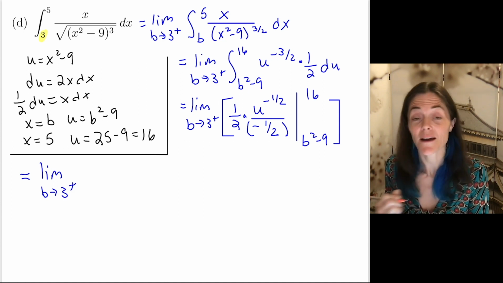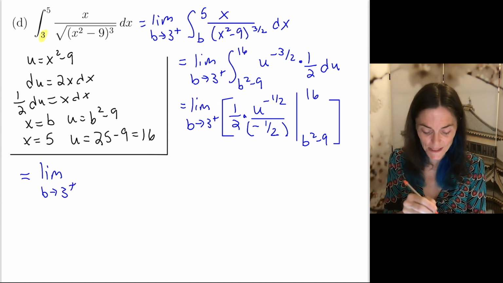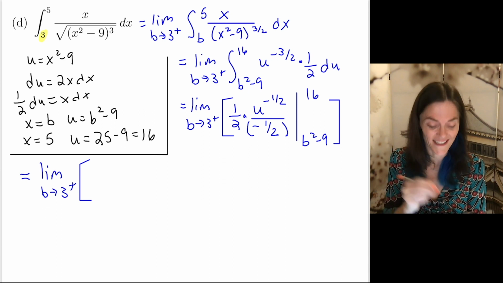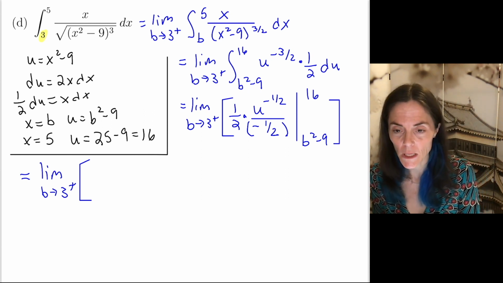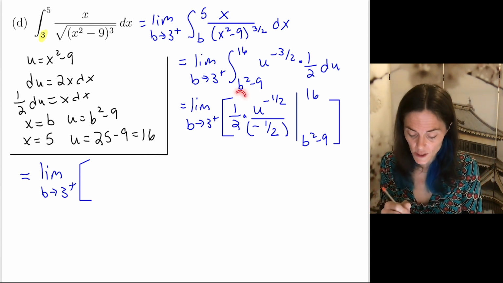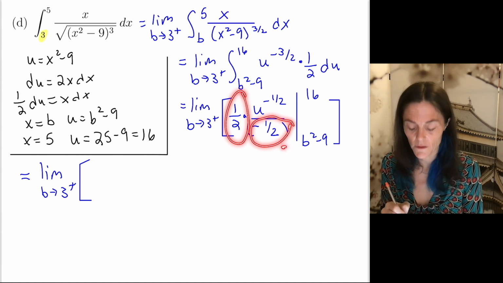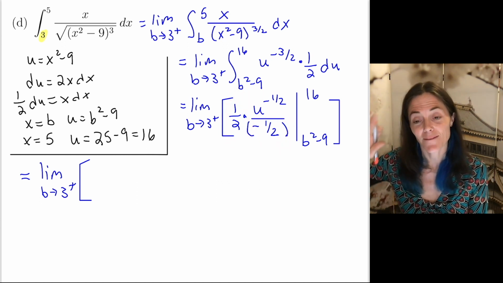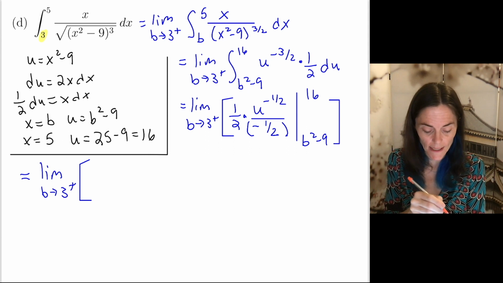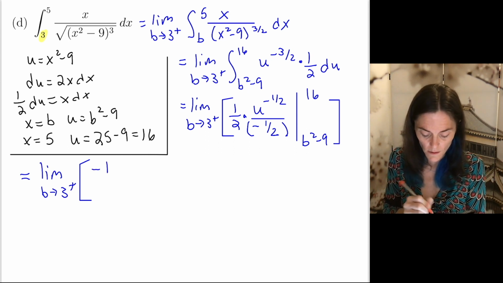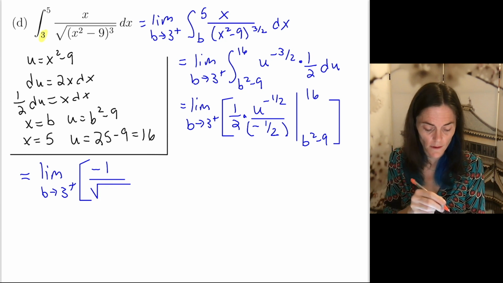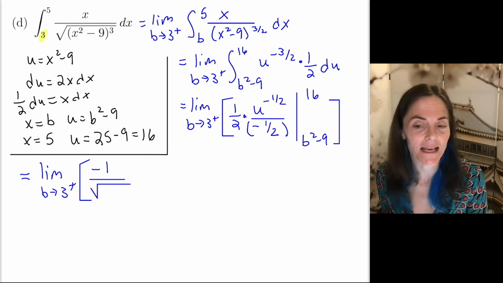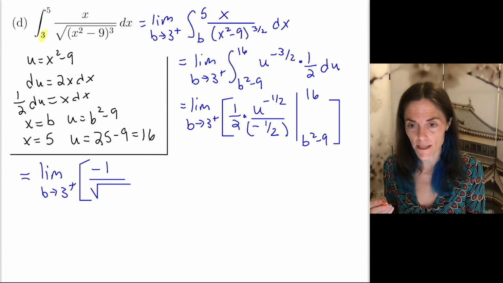You see, I have not evaluated a limit yet. I am still in the definite integral part of this problem. Here, what's my coefficient? Well, we have a 1/2, and then we would have a -2 in the numerator, so it's just -1. And then this is a square root in the denominator. I will put it in the denominator just because it helps me when I get ready to take a limit.